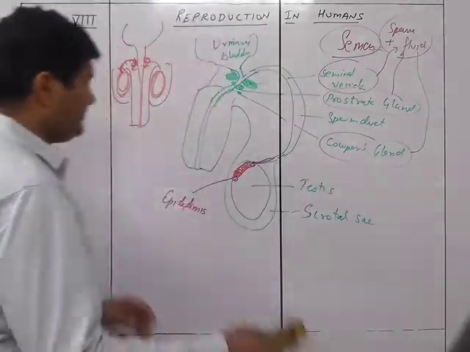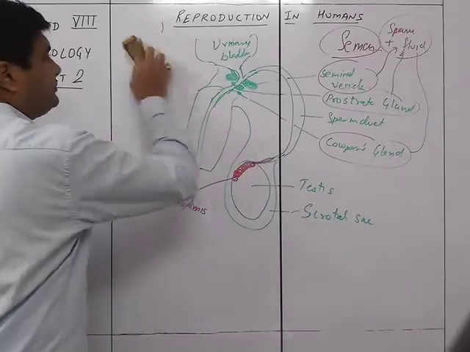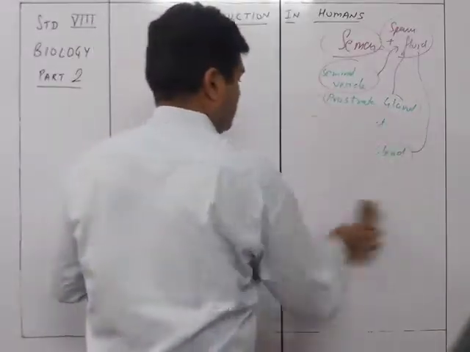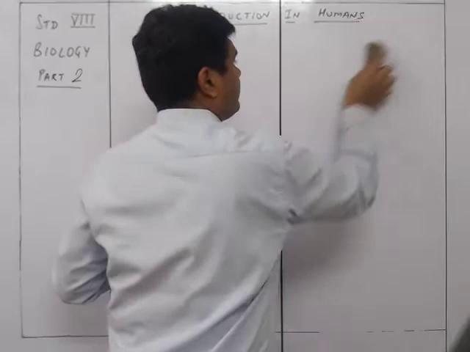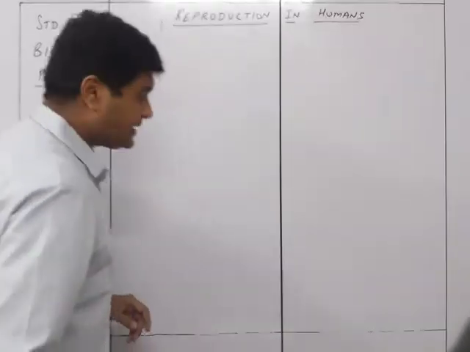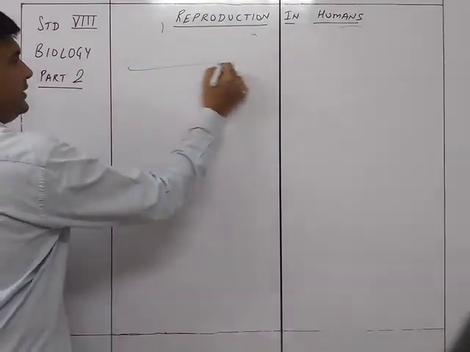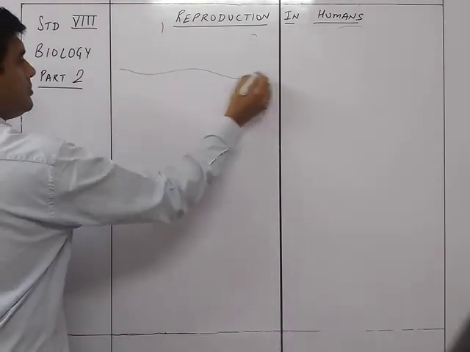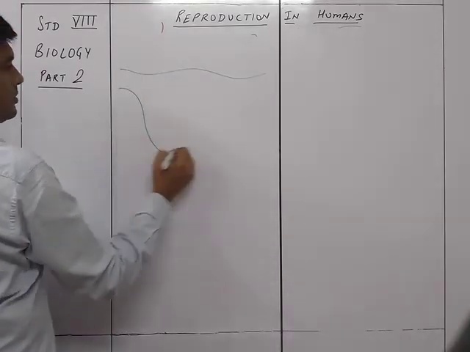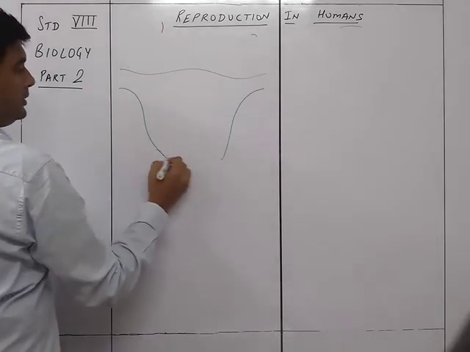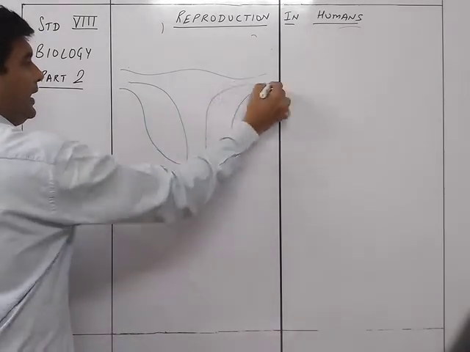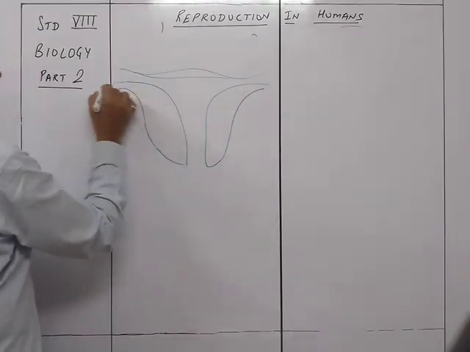If we see the figure, we know that this is the uterus and this is the fallopian tube.